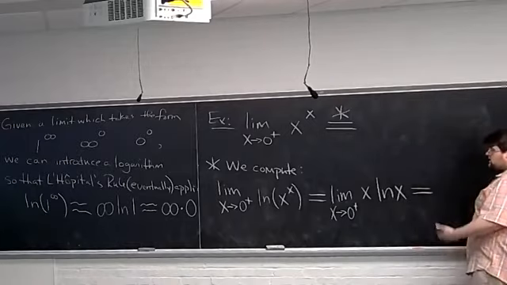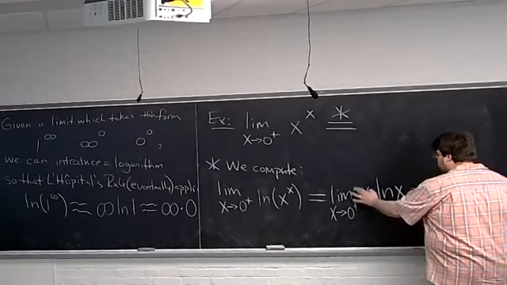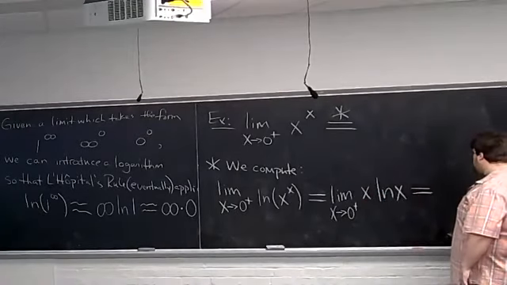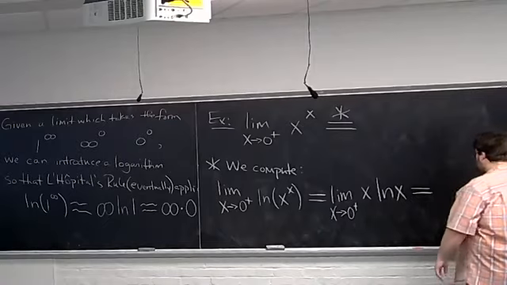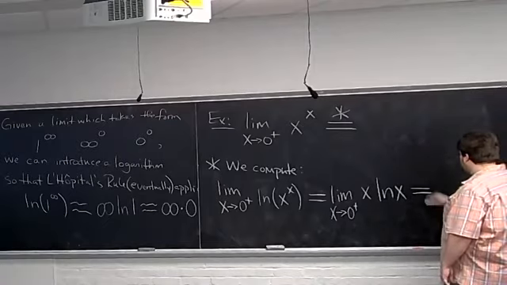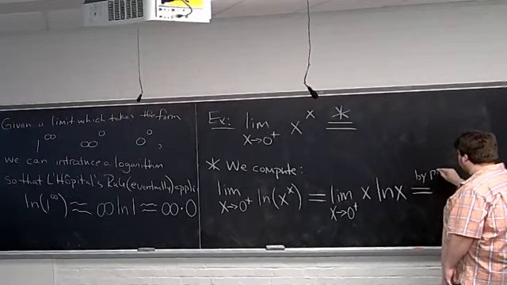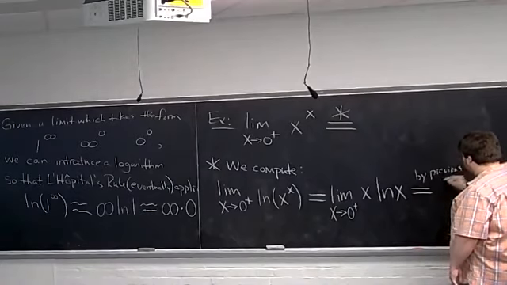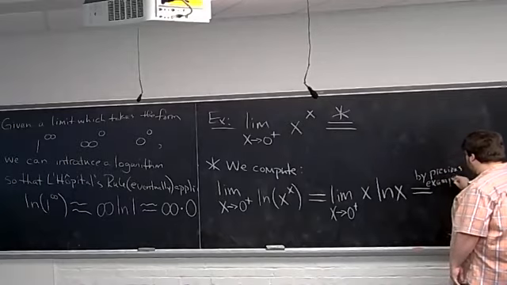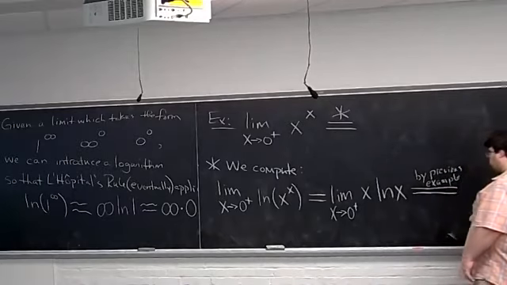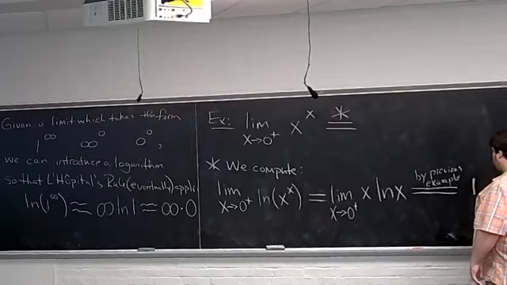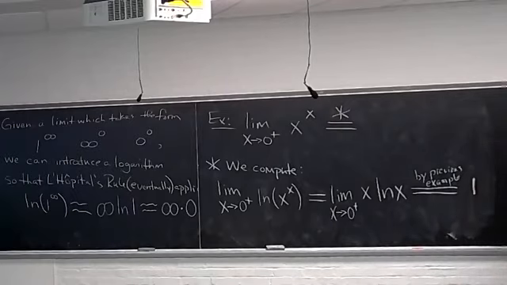So with this one, what would we do? We proceed as in the previous example by putting this x in the denominator. Equals, so I'm not going to write the same thing as the previous example, so I'll just say by previous example, this one equaled 1. If you didn't have that previous example, well, we would have gone through that argument. But the previous example told us that that limit is in fact 1.